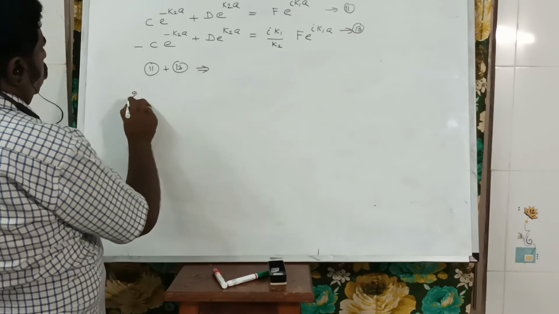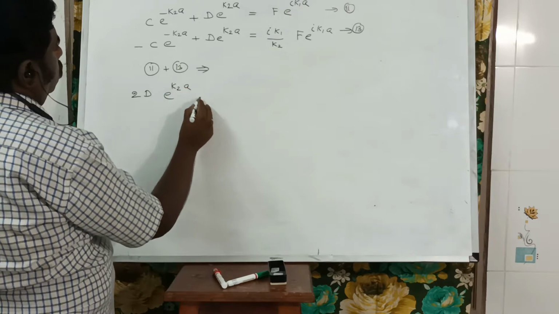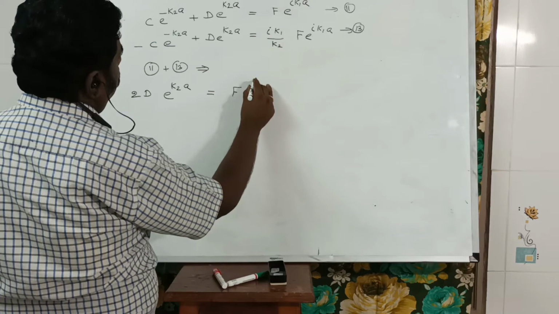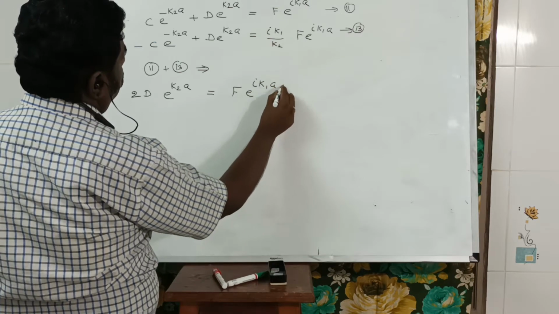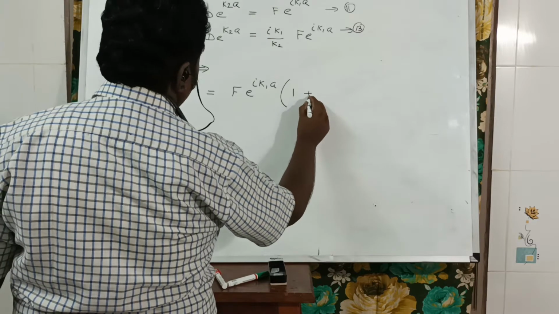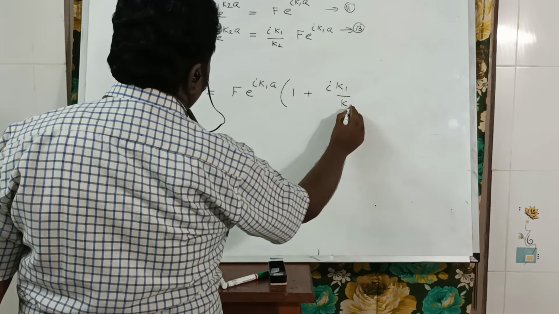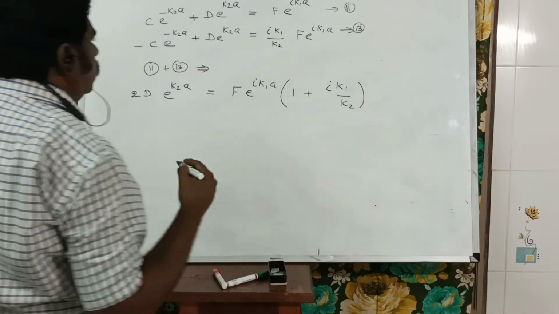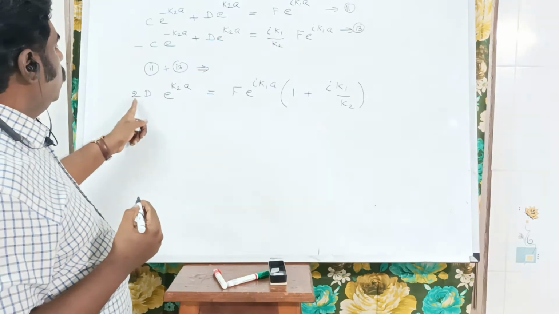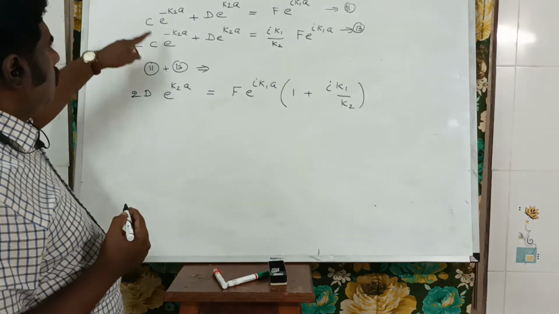gives 2D e power k2a, which is equal to F into e power i k1a into 1 plus i k1 by k2. See this, if you add these two, you can get 2D e power k2a; then C minus C cancels out.